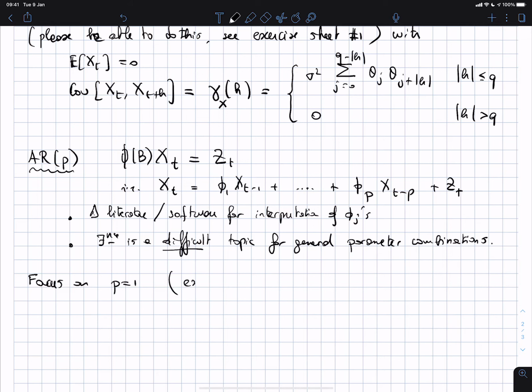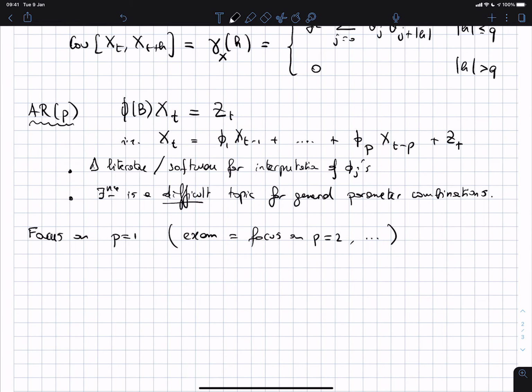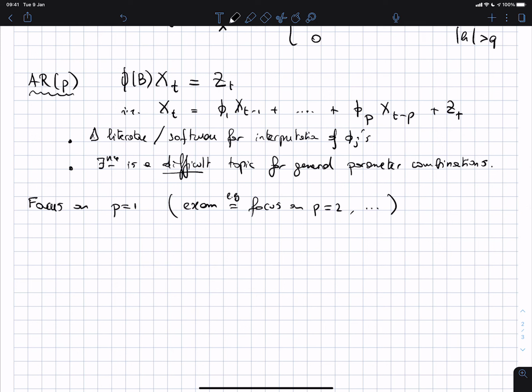A very easy thing for me to do for the exam would be to focus on p equals 2, for example, or something else. So I ask you to work with a specific combination of parameters. It makes for a very simple question for me, and it's easy for me to check if you understand what's happening. So this is an example. It's not an assurance. I'm not saying that I will do that, but I could do that.